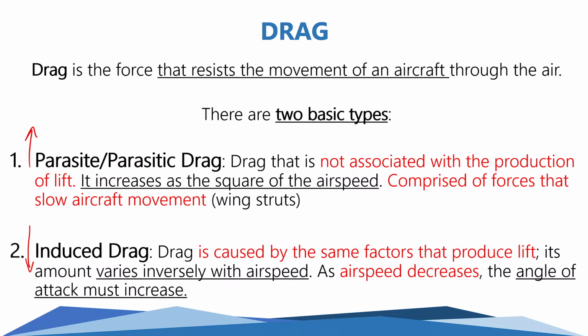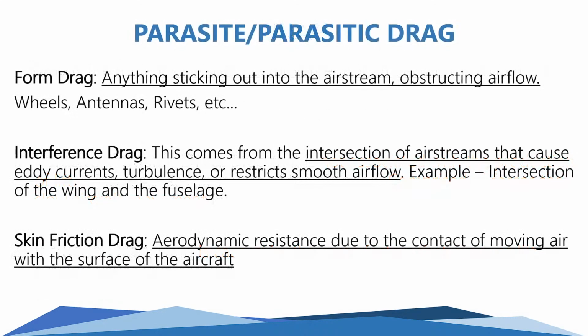So going into the parasitic drag, here are the three subtypes of parasitic drag. We have form drag, which is literally anything that sticks out into the airstream. So wheels, antennas, rivets, anything that's really not smooth and perfectly buttoned down. We have interference drag, and the best example I can give you for this is if we look at a fuselage and we have the wing coming off of that fuselage, the interference comes from these little eddy currents and the turbulence in between, located right there, basically where the wing meets the fuselage.